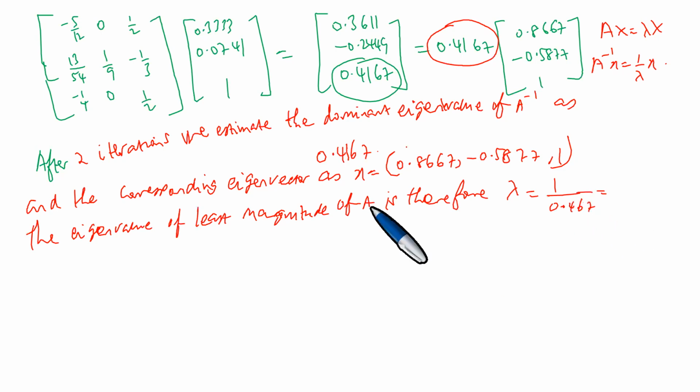Okay, we use the word dominant, but obviously we're looking for the one of the smallest absolute value. But we use the word dominant because it was the inverse. And then now divide 1 by that, 0.4167. What is the result? 2.4.